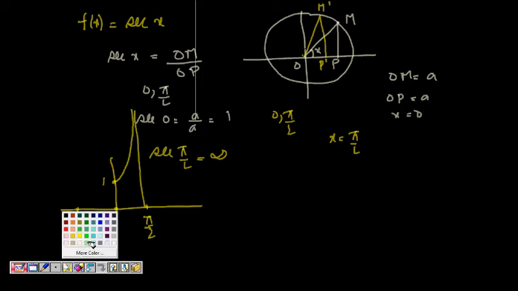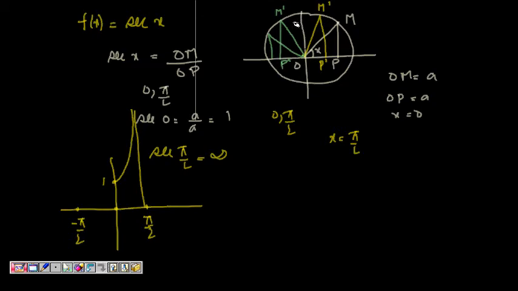Again OM is constant, and from 0 to minus pi by 2, OP is gradually decreasing.